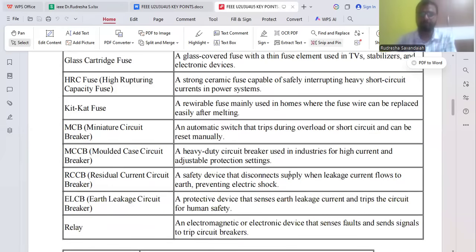RCCB means residual current circuit breaker. Why do you need the RCCB and MCCB? This is for human safety. Safety is very important for electrical energy consumers, even in domestic applications.